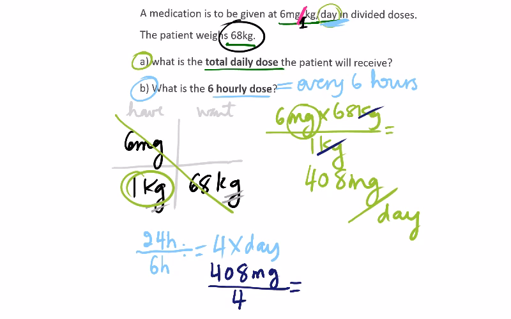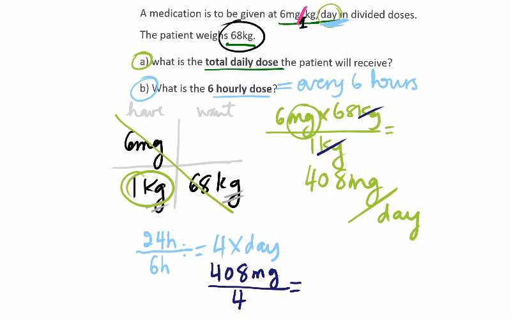So we have 102. We could use the calculator, but we could also just use the idea that dividing by 4 is dividing by 2 twice. So 408 halved is 204. Divided by 2 again, 102.